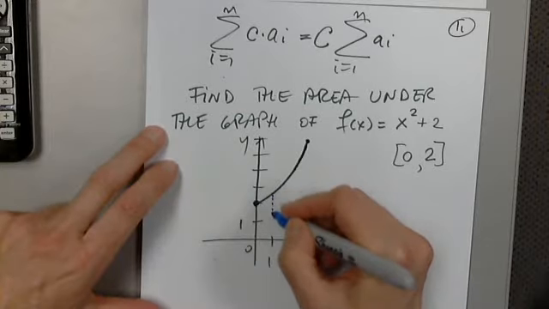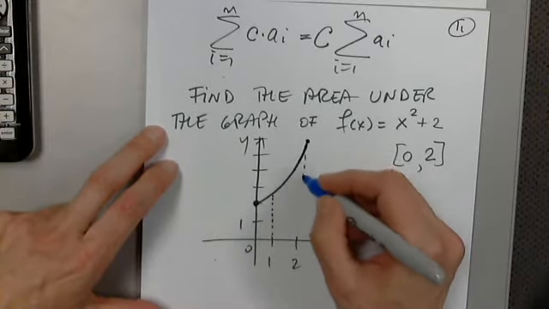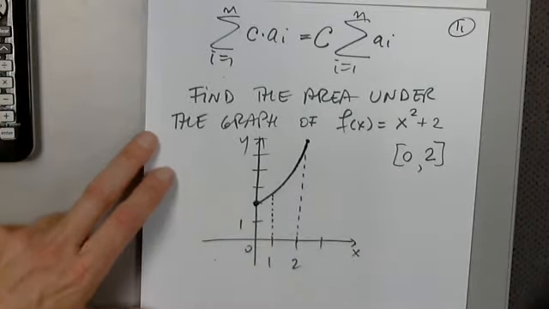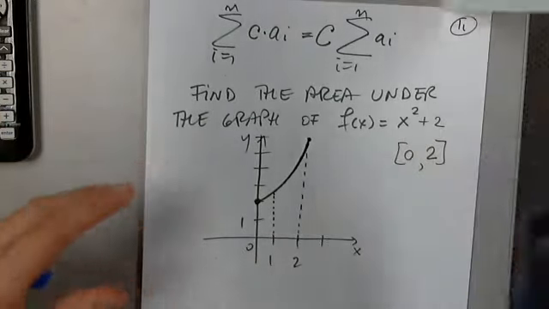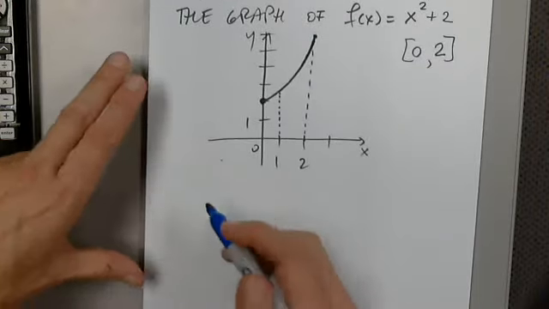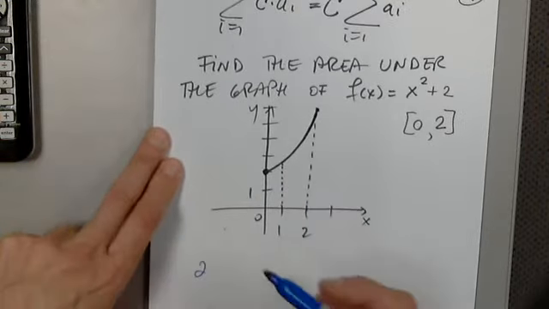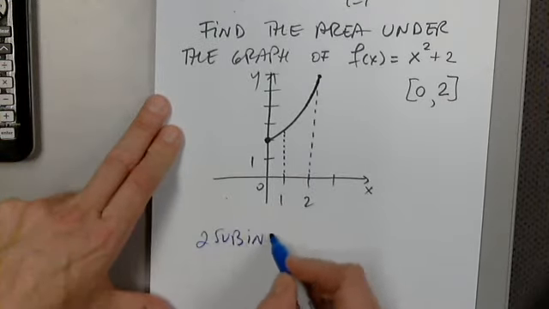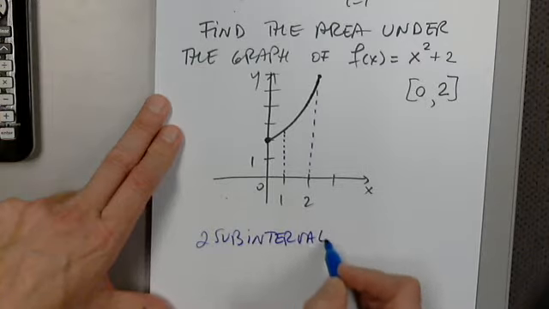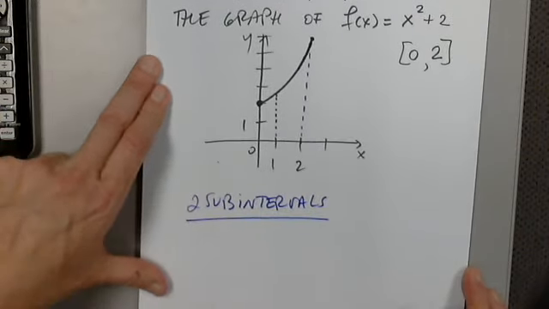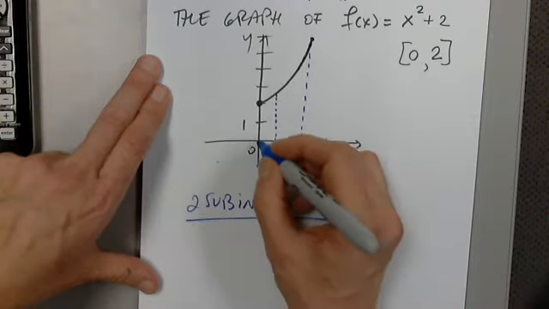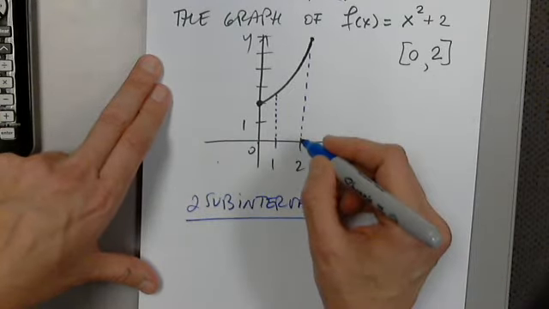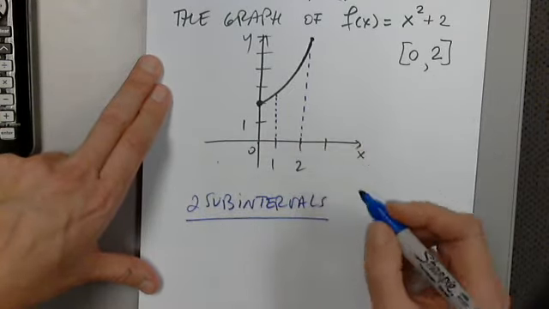Okay. Let's suppose that our first step is to use two subintervals. So I divided the interval between 0 and 2 into two subintervals.